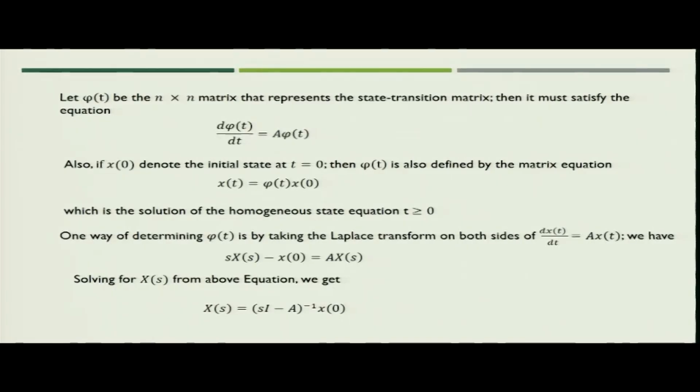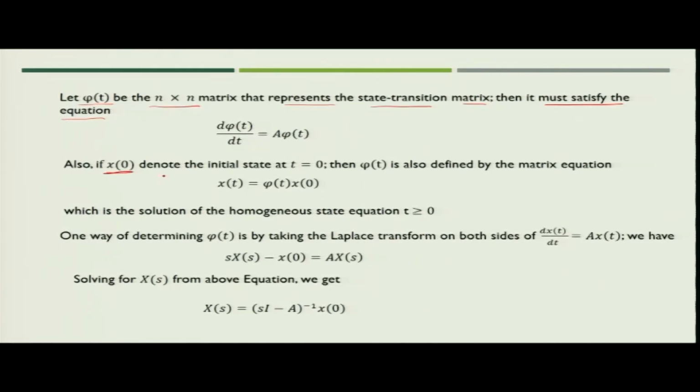Now, let us assume that there is a matrix phi(t), which is an n cross n matrix and represents the state transition matrix. In that case, it should satisfy the equation d phi/dt equal to A phi(t).